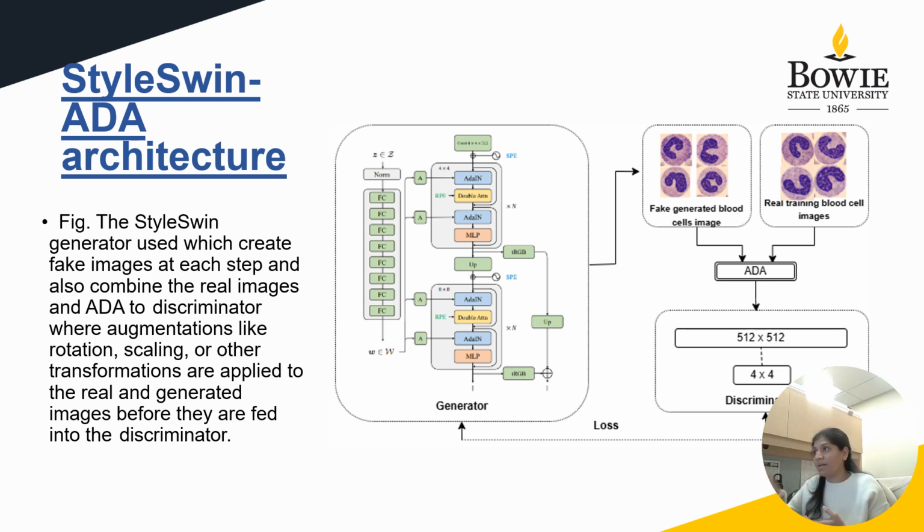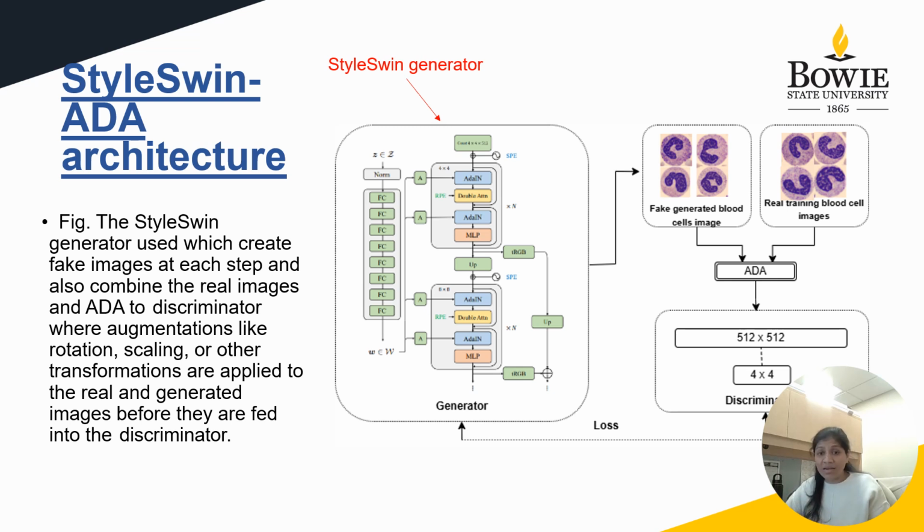Through this diagram, I am showing the method which we used. This figure shows the workflow diagram of the StyleSwin-ADA architecture. The generator which we used is the same StyleSwin generator. The generator takes latent vector Z and produces the style vector W through fully connected layers, using adaptive instance normalization for style control and Swin transformer blocks.